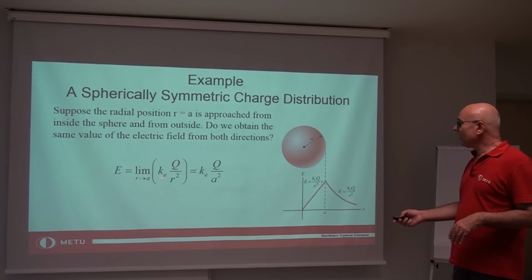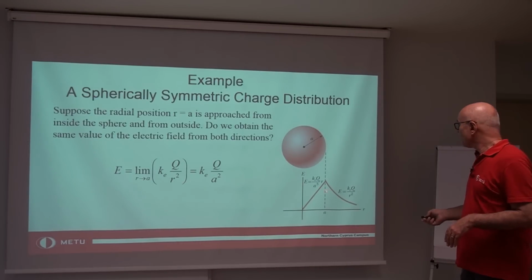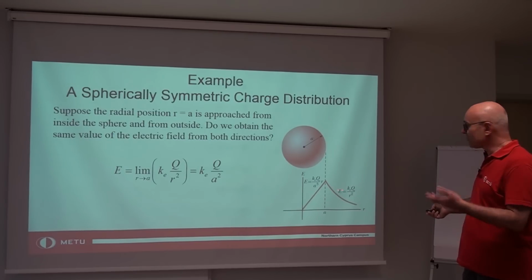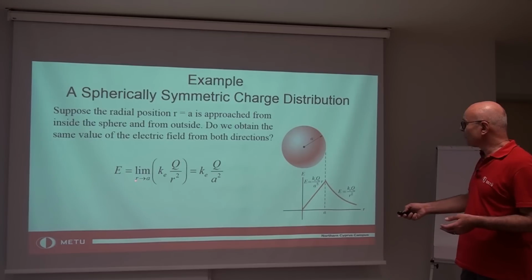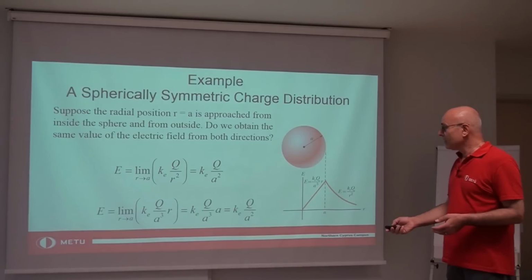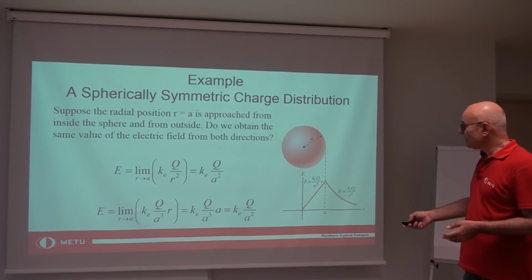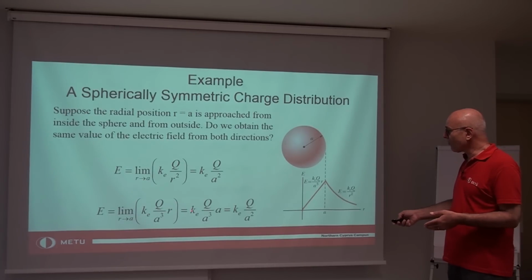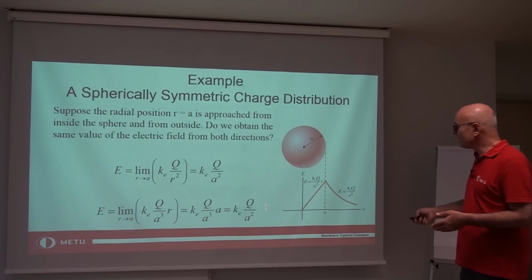Take the electric field from the right, to the right of the surface and outside the surface. If you take the limit when r approaches the surface, this is the value of the electric field. Now consider the electric field from the left, and take the limit when r approaches a, that's when you are on the surface. This limit is straightforward. Just substitute a, and you get this expression.